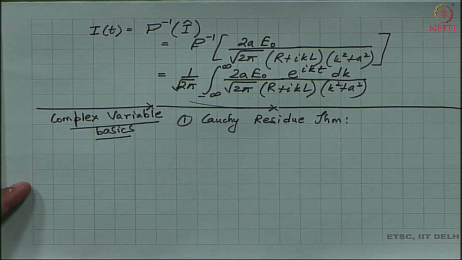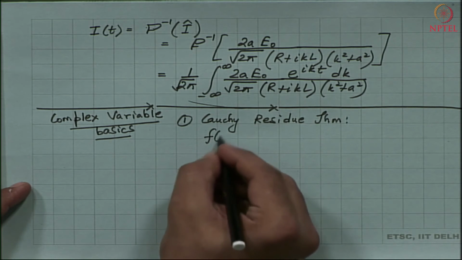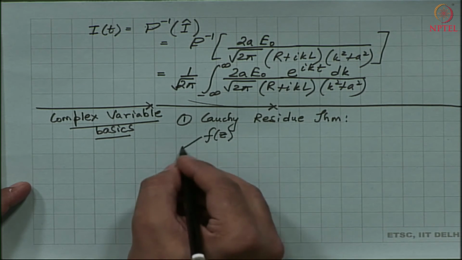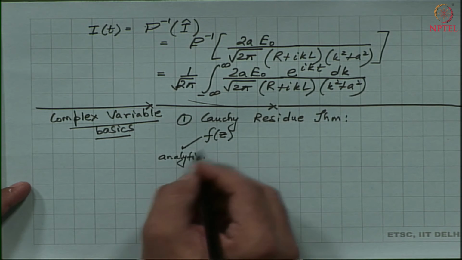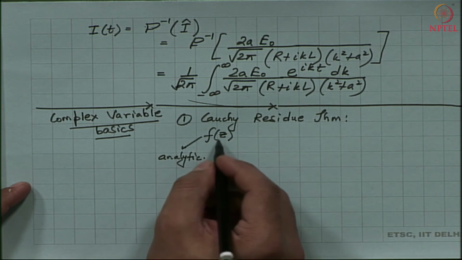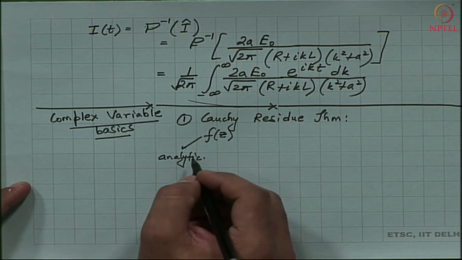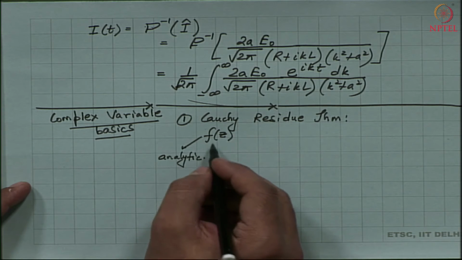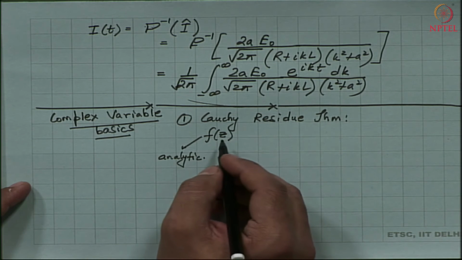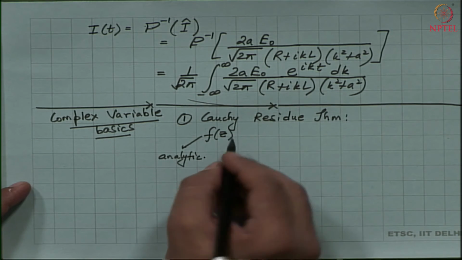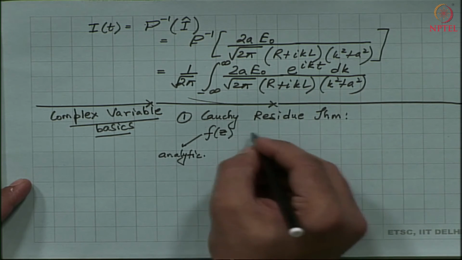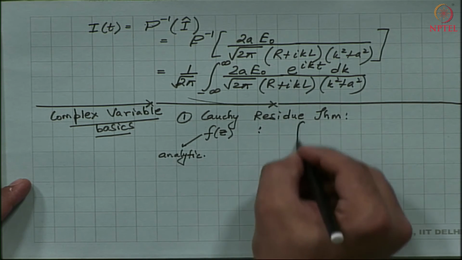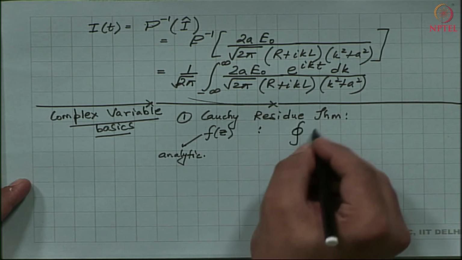It tells me that if I have a function f(z) and f(z) is an analytic function, on the real domain this could boil down to being differentiable, but in the complex plane analytic is a little bit more than differentiability.